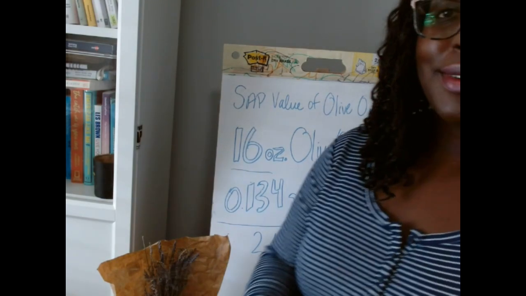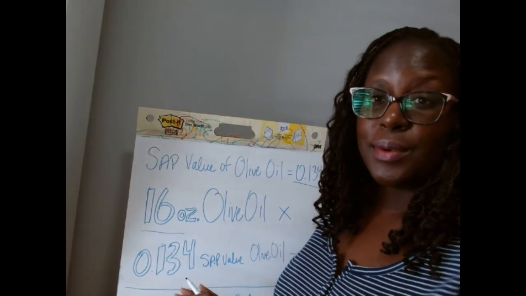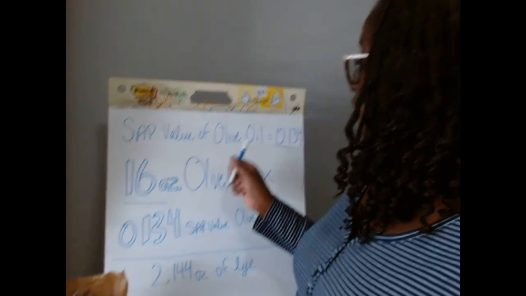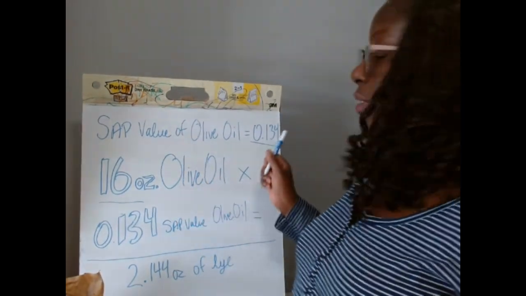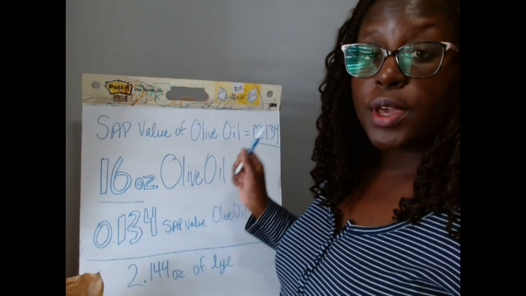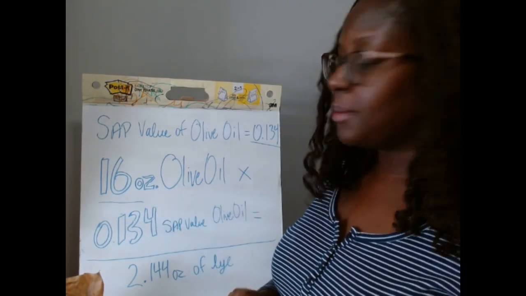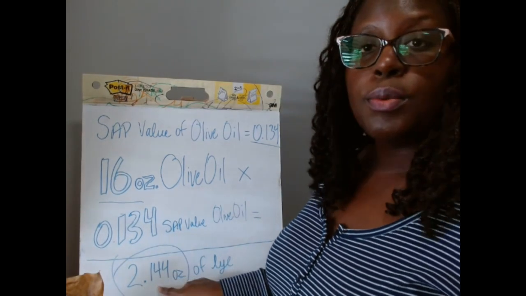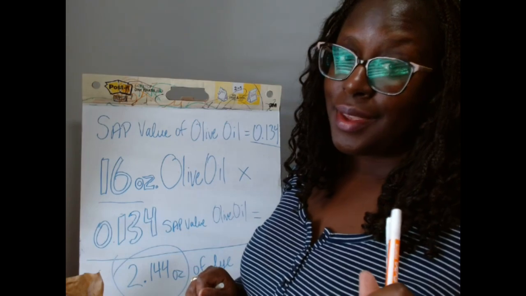All right, pretty simple. So using this calculation, we know that because our saponification value for olive oil is 0.134, we're going to multiply that by the 16 ounces of olive oil that we need in our recipe, and we get this final amount down here, which is 2.144 ounces of lye.